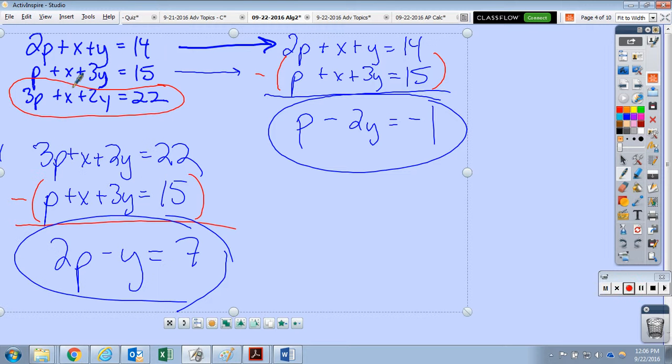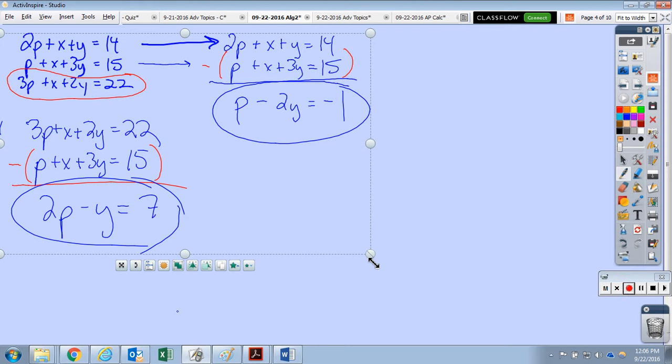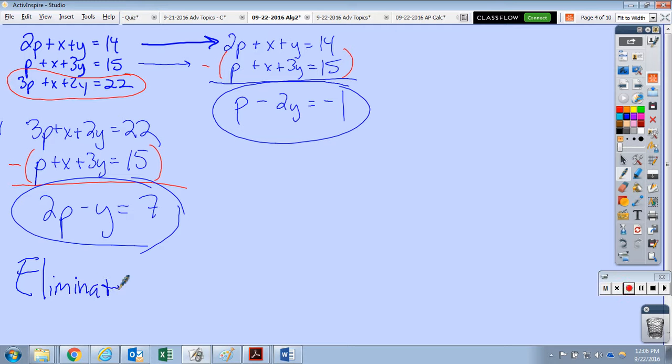Now, what was key about this was that because I eliminated my x the first time, when I chose the first two equations, I needed to eliminate the same variable. So that's a key point: eliminate the same variable, because I want a system of just two variables.